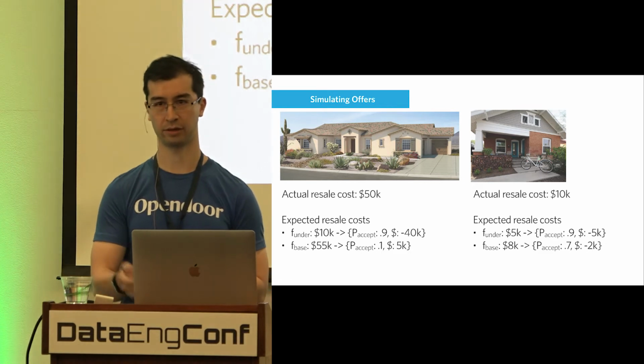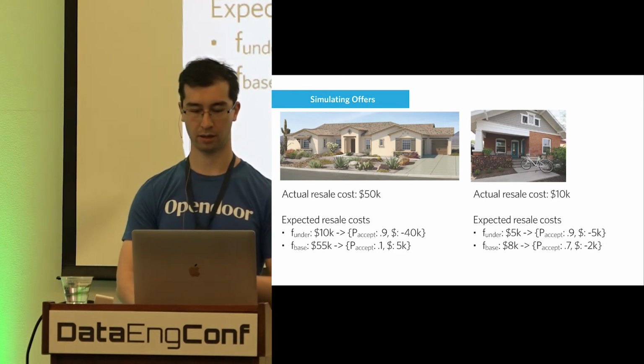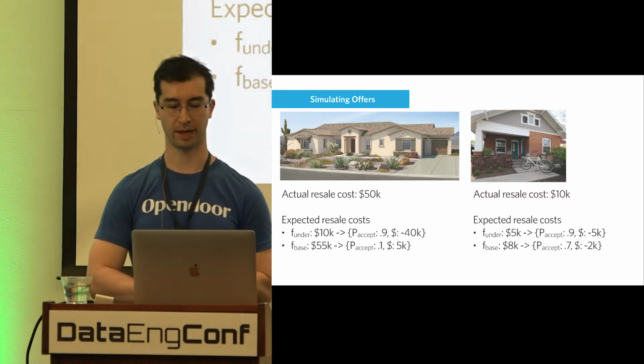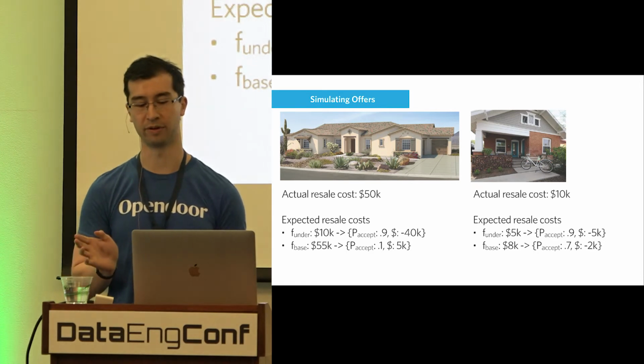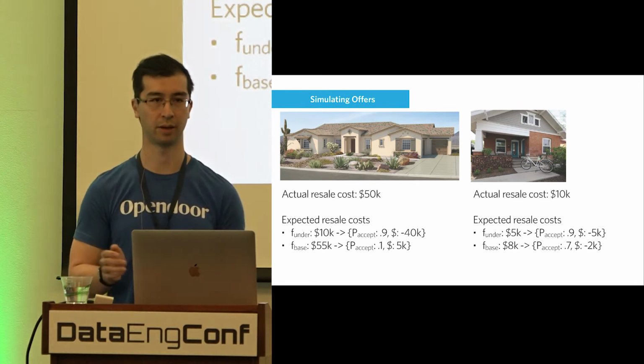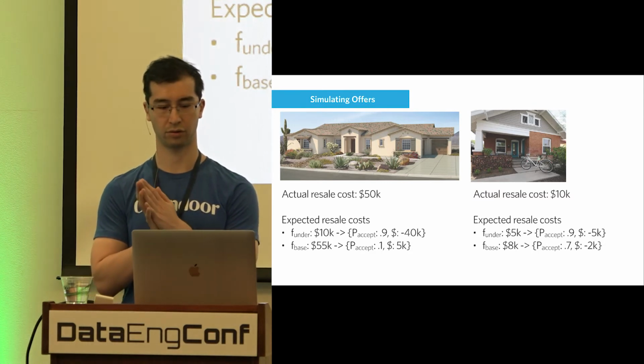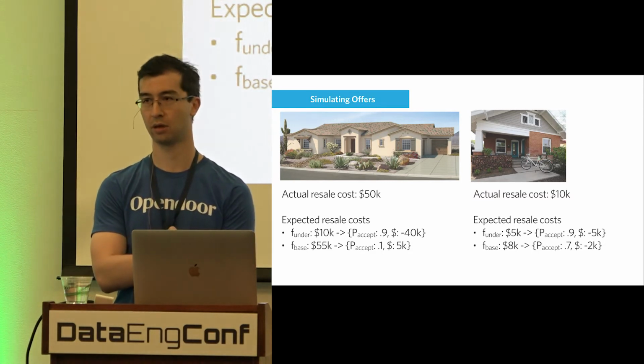The pricing model that underestimates costs estimates 5,000, and we lose some money, but you have a happy seller. And in the baseline case, we still lose a little bit of money, and it's less likely that we'll acquire the house. So this is what it looks like for two houses.